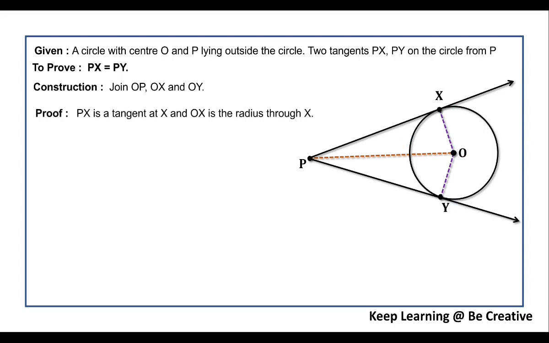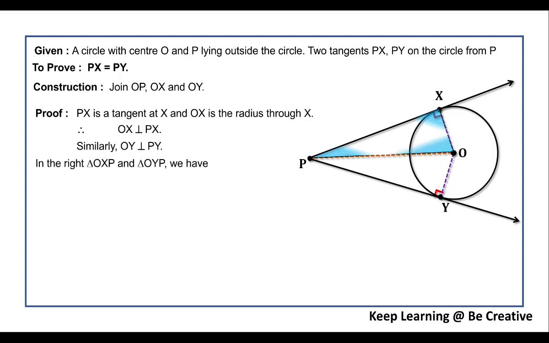Here it's very clear that Px is the tangent through x and Ox is the radius through x. So definitely Ox will be perpendicular to Px. Similarly, we can say that Oy will be perpendicular to Py. So these two angles will be 90 degrees.